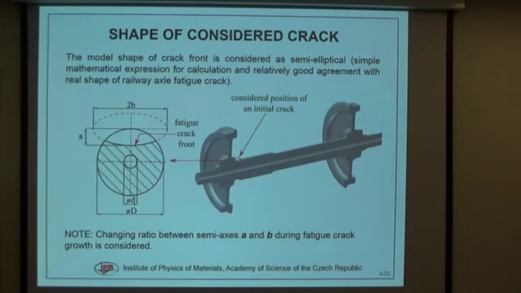Our considered crack is semi-elliptical due to the fact that a semi-elliptical shape is easy to express mathematically, and also it's in relatively good agreement with the observation of real fatigue crack fronts. Also, it's necessary to mention that we assume a changing ratio between semi-axes A and B during the fatigue crack propagation.